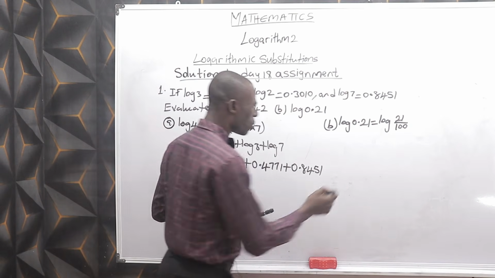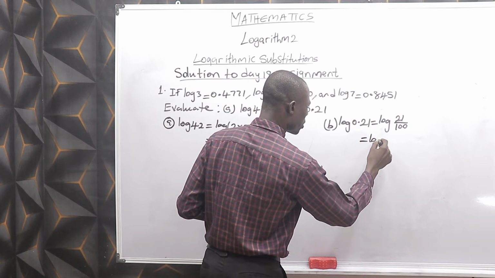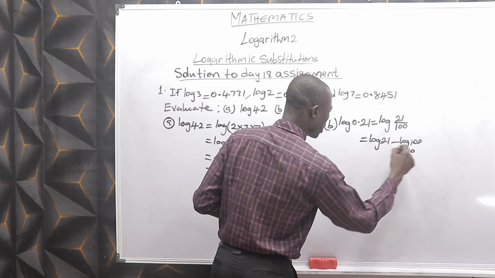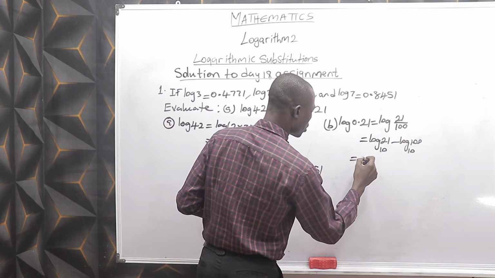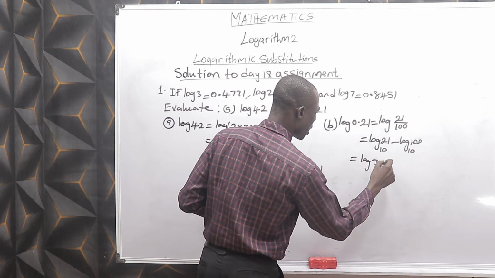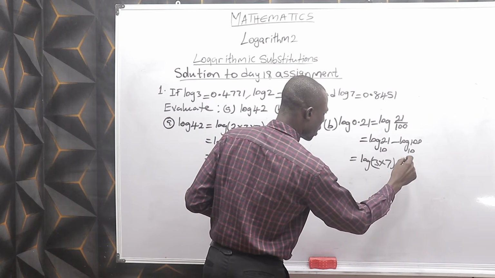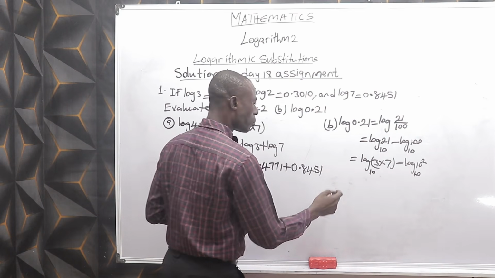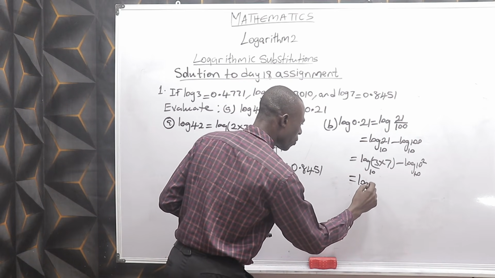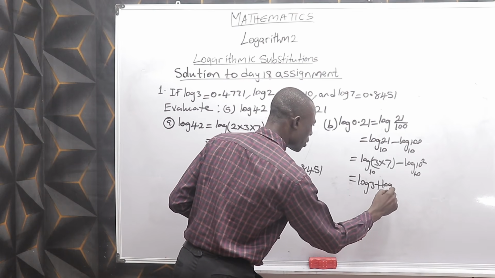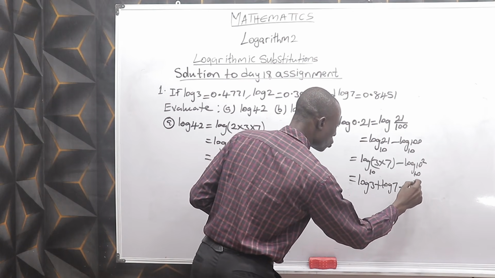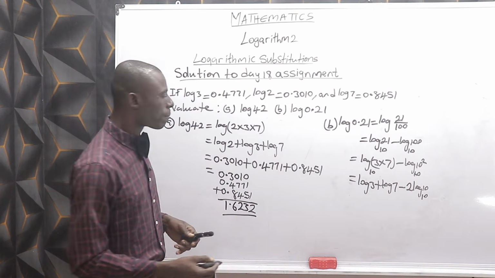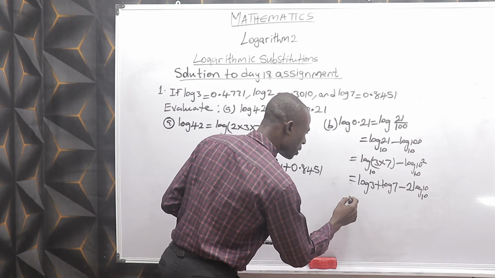So, unavoidably we write log 21 minus log 100, which is log 3 times 7 minus log 10 squared. Also, log 3 plus log 7 minus 2 log 10. Do you understand? So substitution begins here.